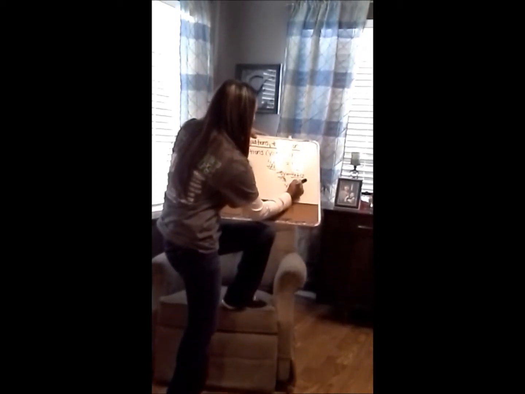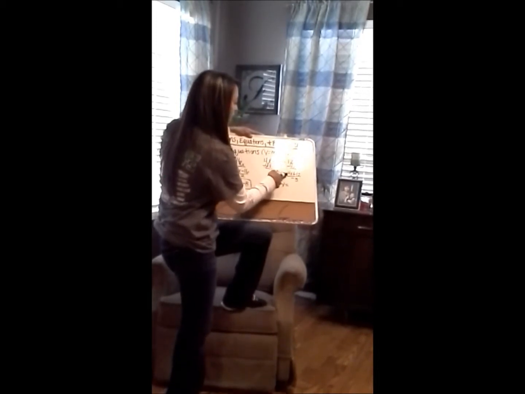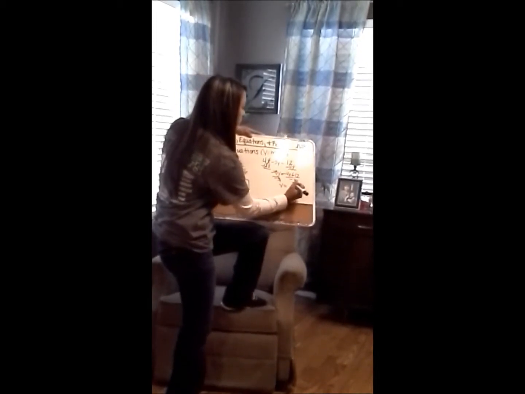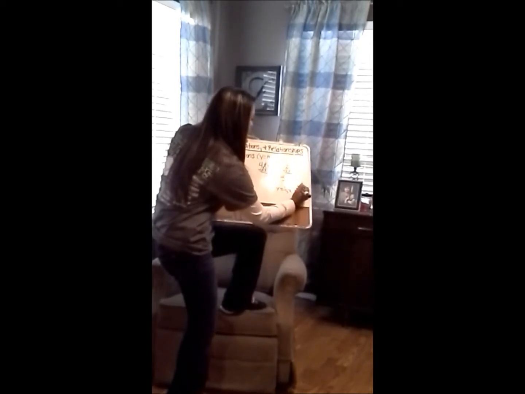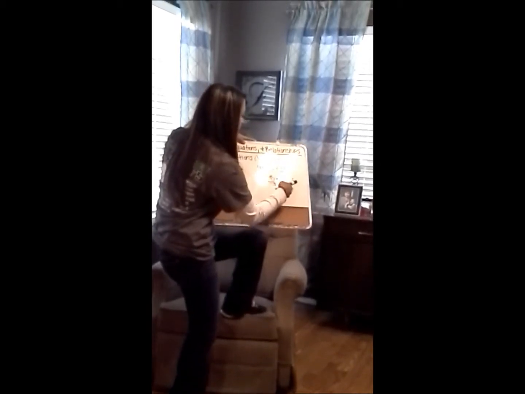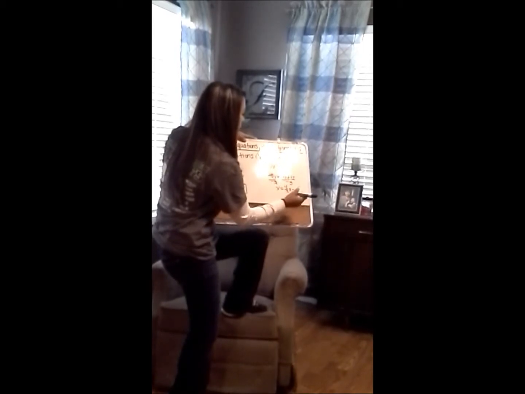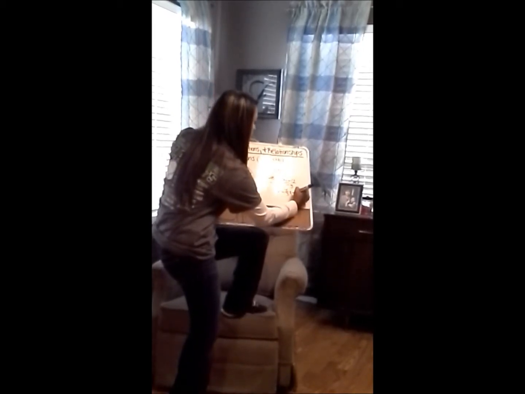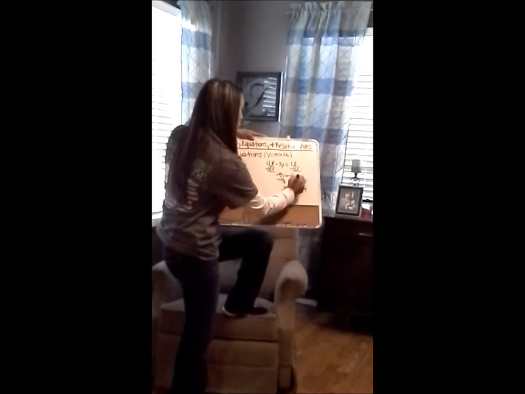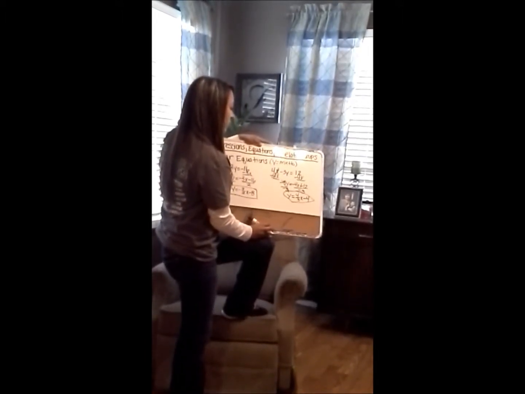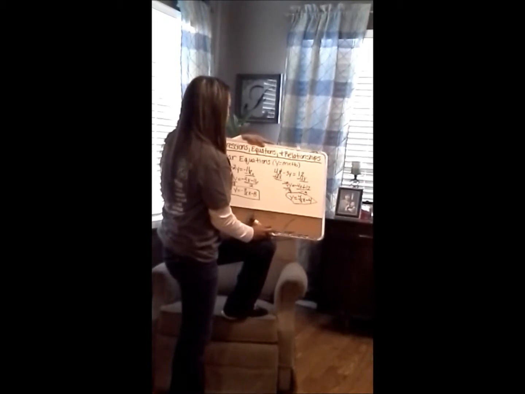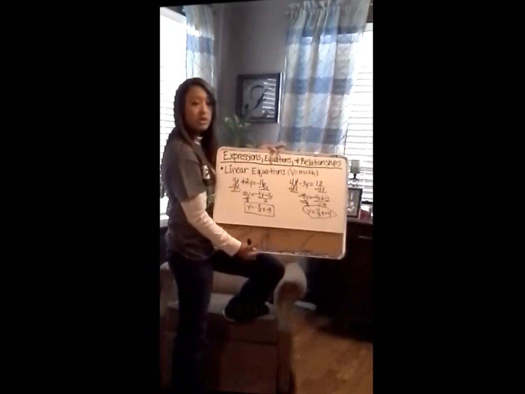So we're left with y equals negative 4 divided by negative 3, which is just 4 over 3 x, minus, because we're dividing 12 by negative 3, which is negative 4. So our answer is y equals 4/3 x minus 4. And that concludes linear equations.